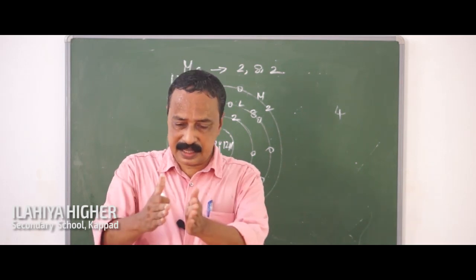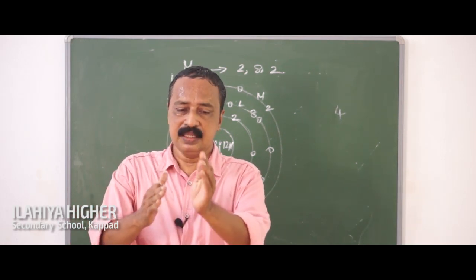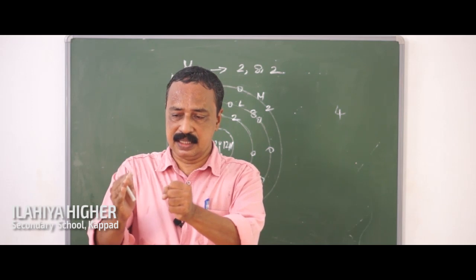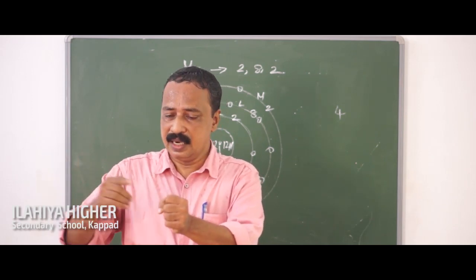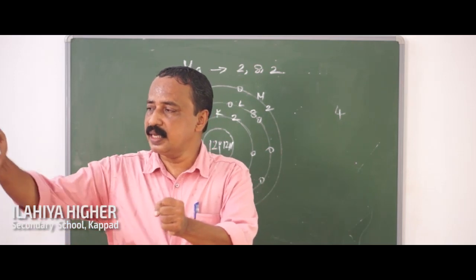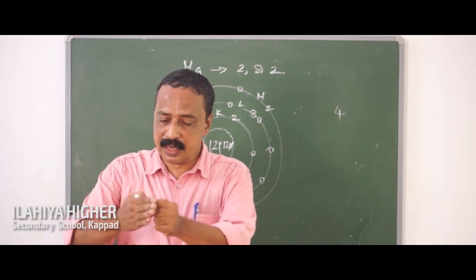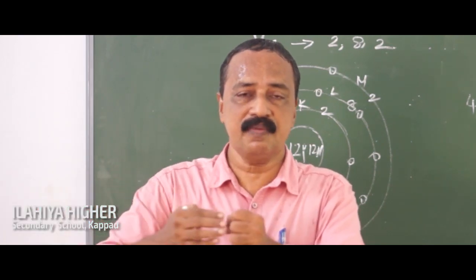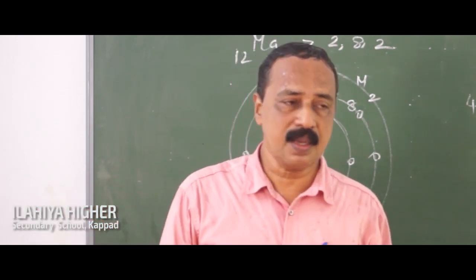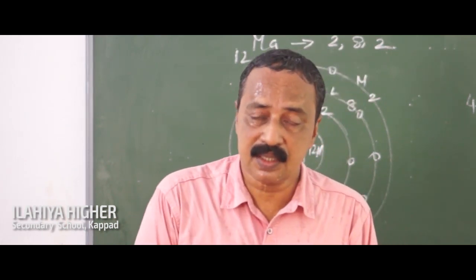Remember this. The nucleus is here, the K shell is near, so the distance is less. The next shell is the L shell, and the distance increases. Another shell is the M shell, so the distance from the nucleus increases. What happens to the energy of the electron?